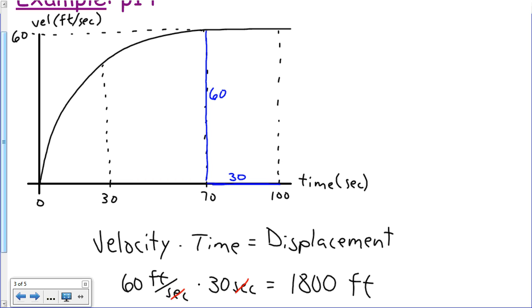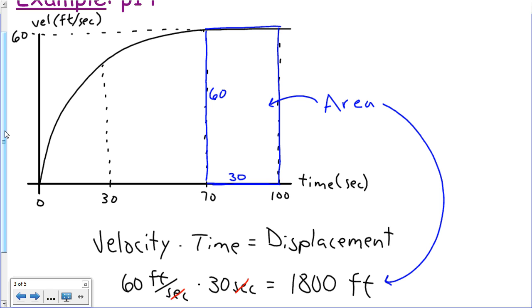In fact, if I continue this geometric figure, we'll see that we have a rectangle whose base is 30 and whose height is 60. We've multiplied those, and if I multiply the base times the height of a rectangle, I find the area. What we've found here is that the displacement is the area of that region. So this area right here is the same as the displacement we just found.